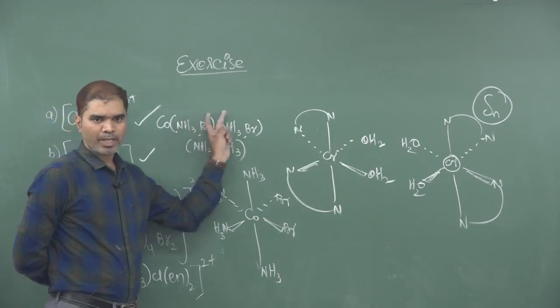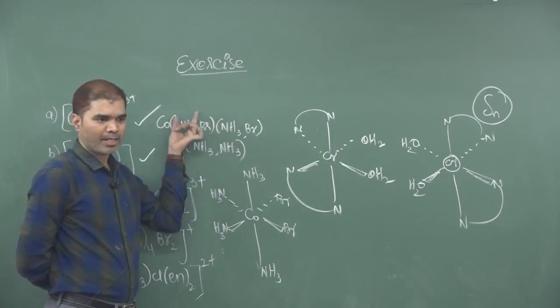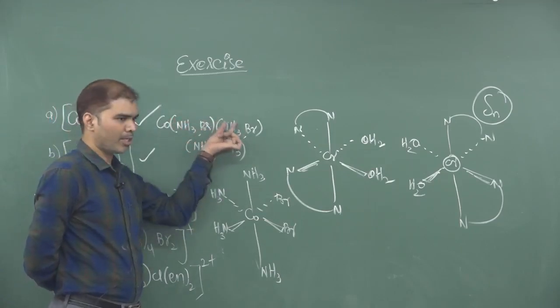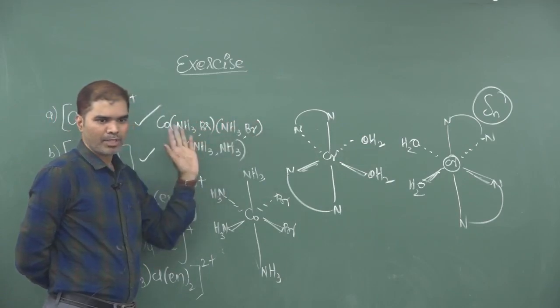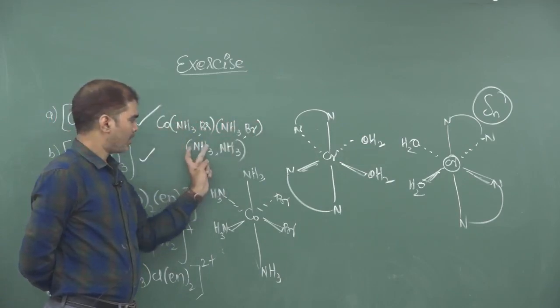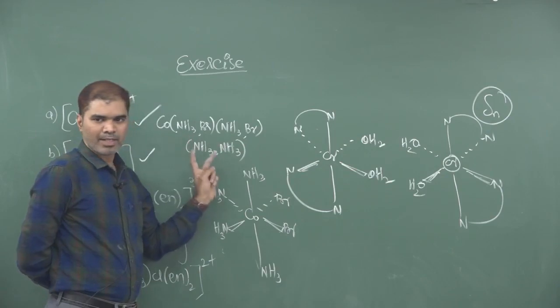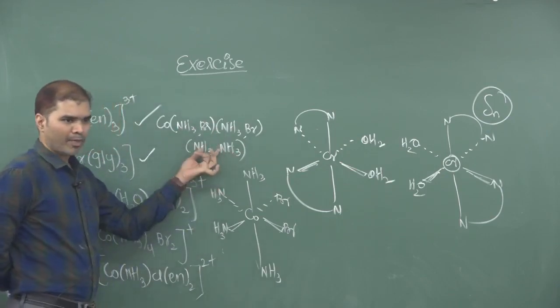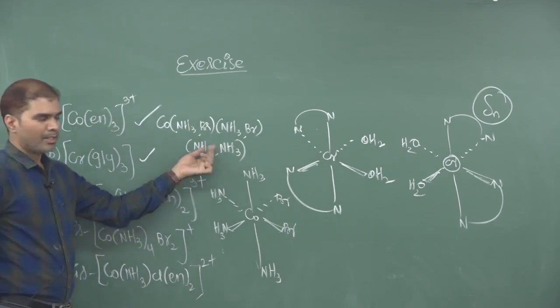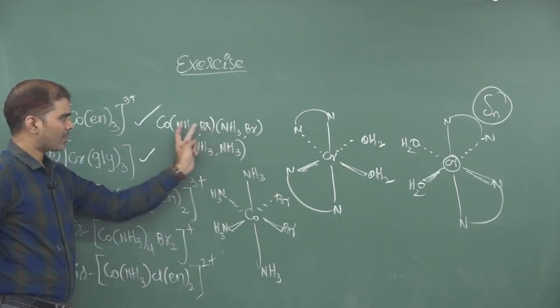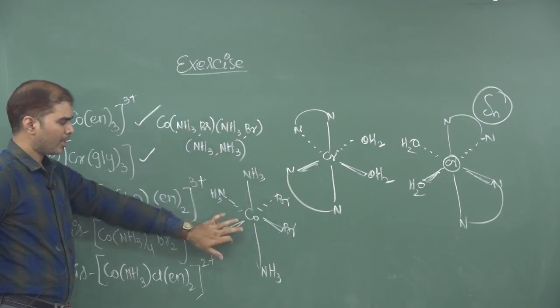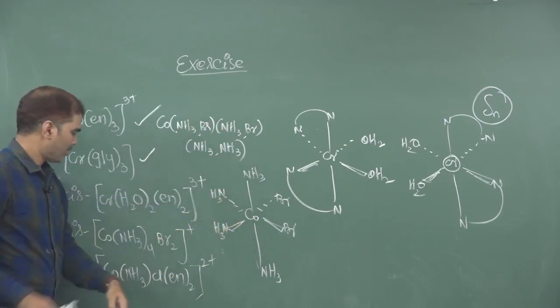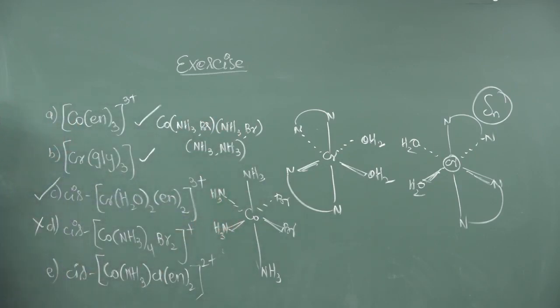Whenever you have 2 pairs of identical ligands, amine, bromine, such a molecule will be optically inactive. Or at least if we have 1 pair of identical ligands, such a molecule will be optically inactive. You find both of them. Hence it is optically inactive. So this is inactive, no enantiomer of it.